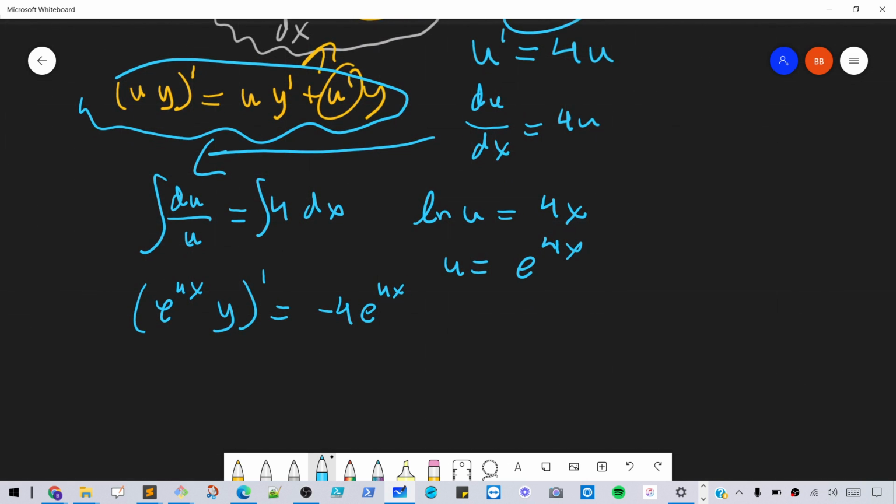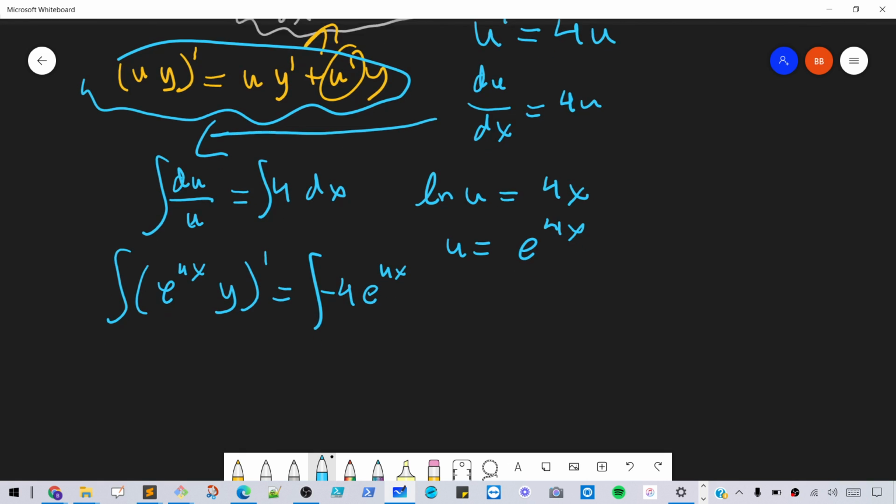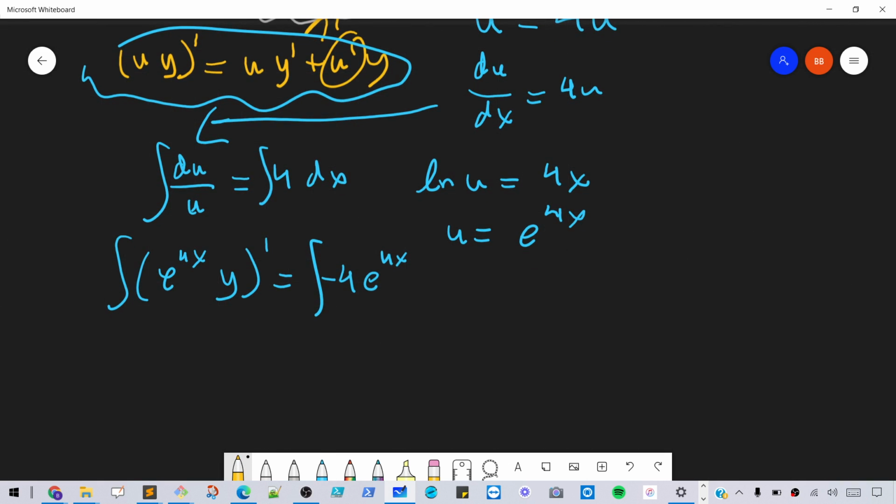And then all we need to do to solve this is just integrate both sides. So we'll end up with e to the 4x y equals minus 4 e to the 4x, but there's the chain rule going on, so it's sort of like we'll do a quick u substitution in our head and bring down this 4.